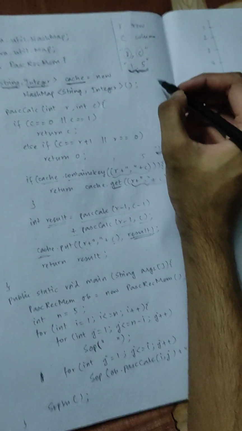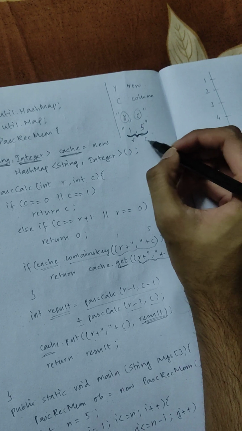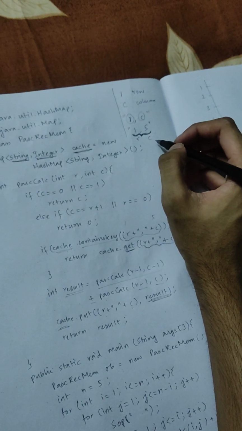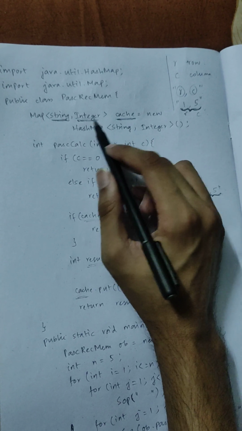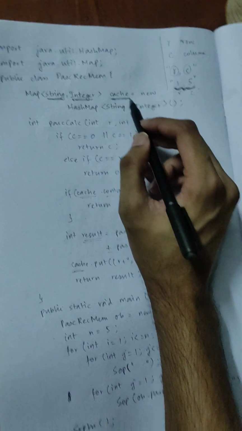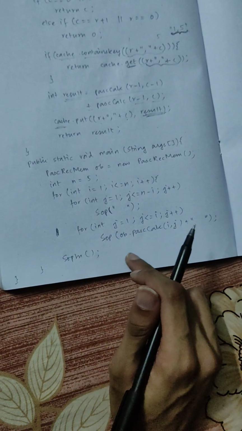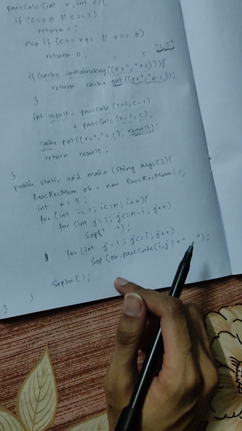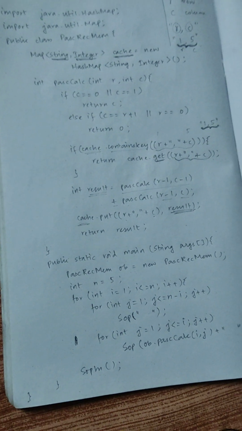So I am just using the row and column as my key to find the integer value which is mapped in the cache, and the rest of the program is absolutely the same as the past recursion method. So in this way I have done the memoization.